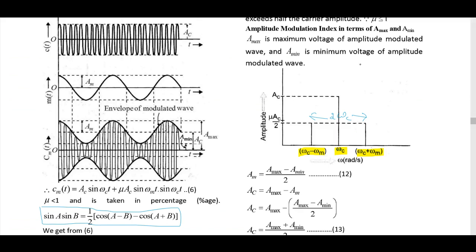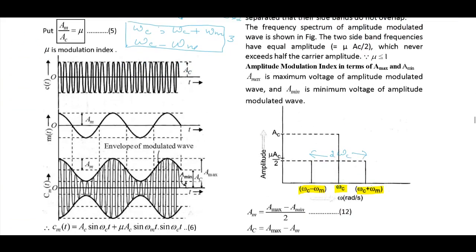Now let us have a look at this part in diagrammatical fashion. This is to be understood. For example, here AC is the amplitude of the carrier wave. This is the carrier wave, a high frequency carrier wave.